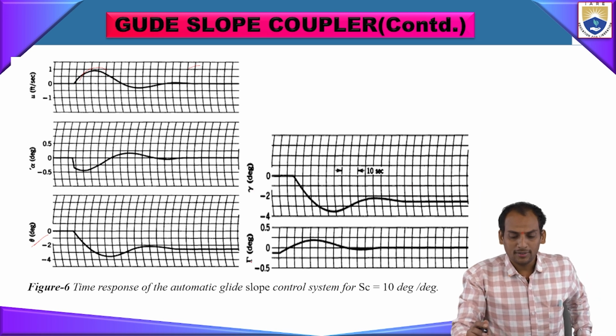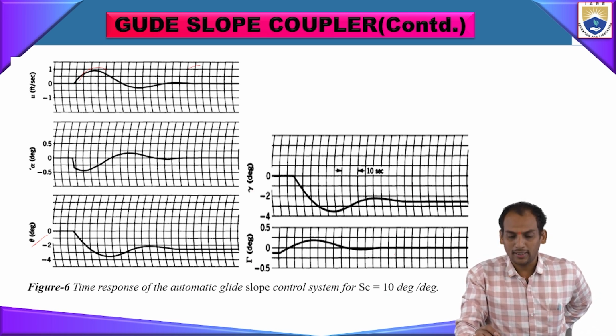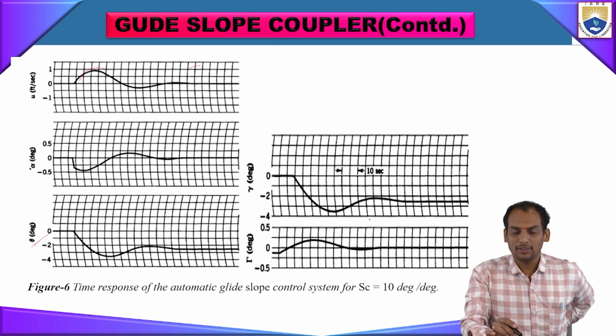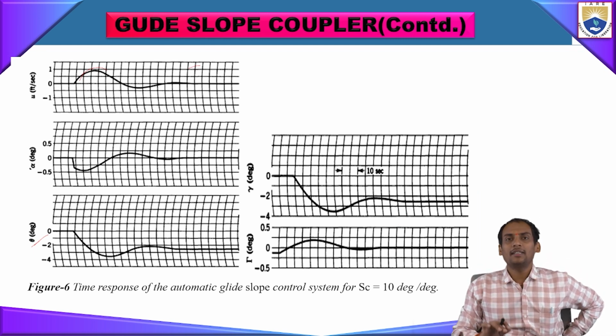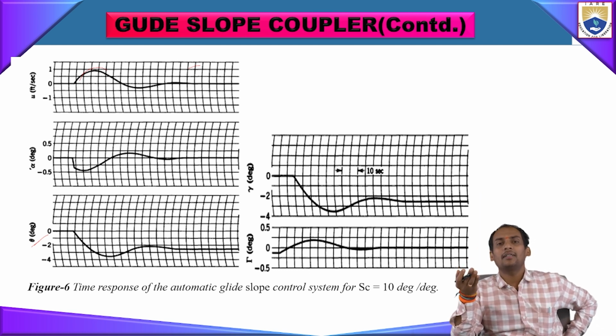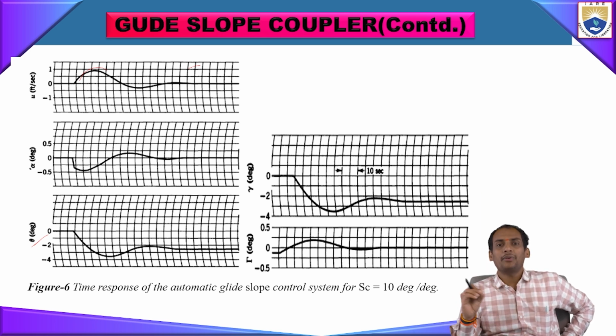And for gamma and tau also, there are initial disturbances. For S equal to 10, the frequency response has been given here. This frequency response gives the behavior of the controlling transfer function, and we can see from here how the transfer function is used for making the input control for that control system.